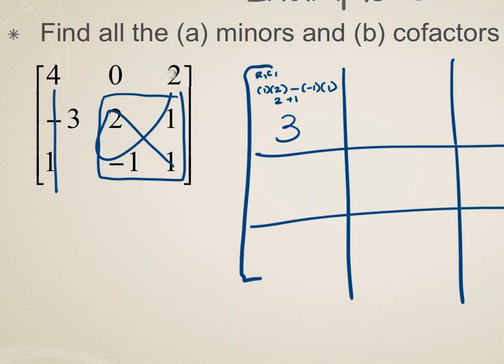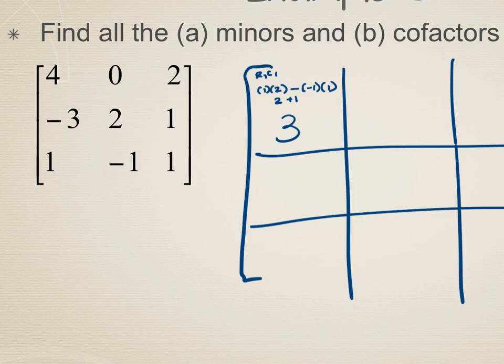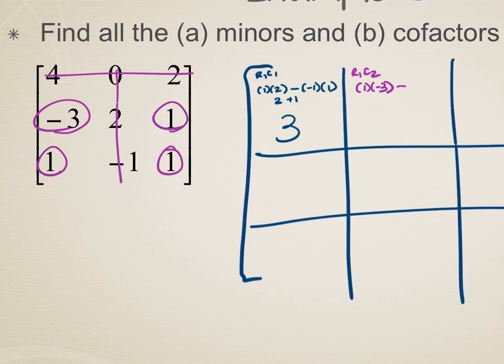Then I go to the next one. This is row 1, column 2. What's left here is 1 times -3 minus 1 times 1. And I get -3 minus 1, which is -4.